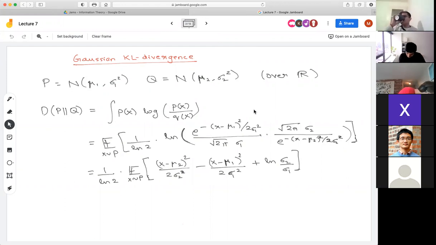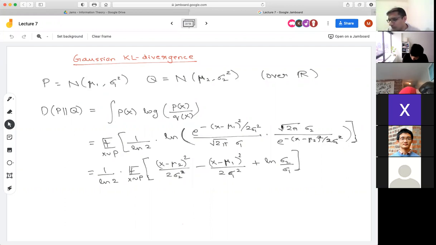If you write log base e instead of log base 2, you get this kind of an expression, which, if you think of it as an expectation of some quadratic functions, is pretty much direct.